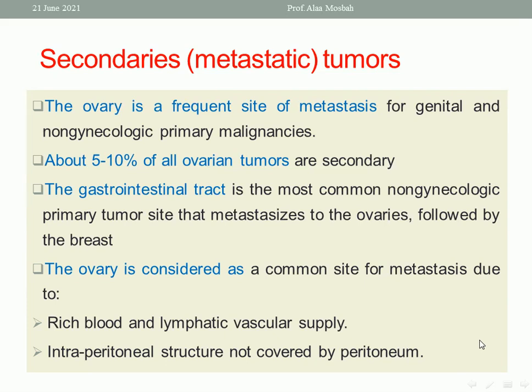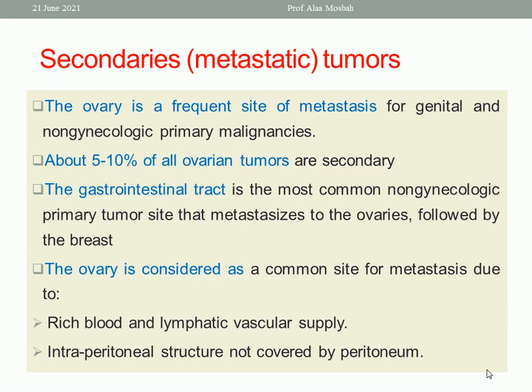What about the secondaries of the ovary, or metastatic tumor to the ovary? We can consider that the ovary is a frequent site for metastasis from genital and from non-gynecologic primary malignancies. These secondaries account for 5 to 10% of all ovarian tumors.